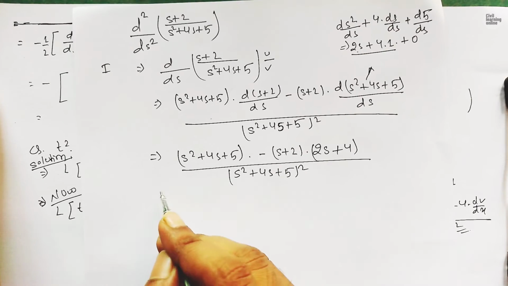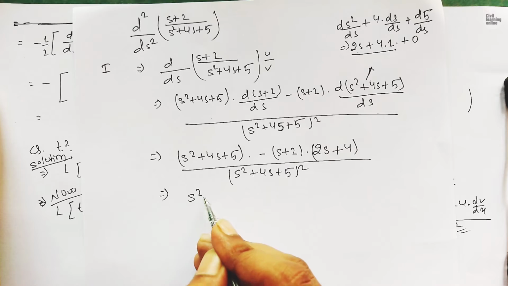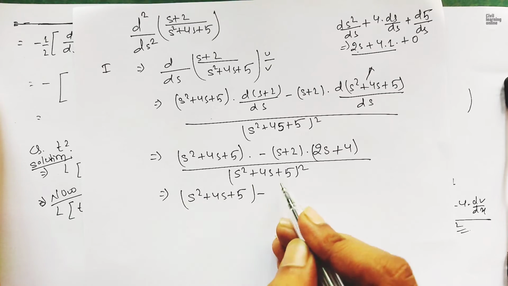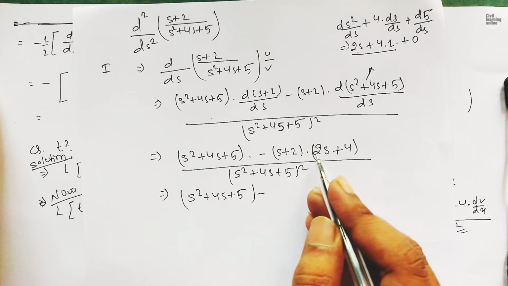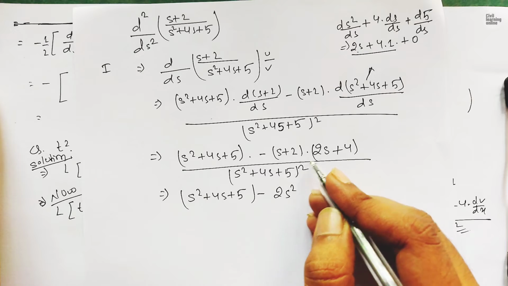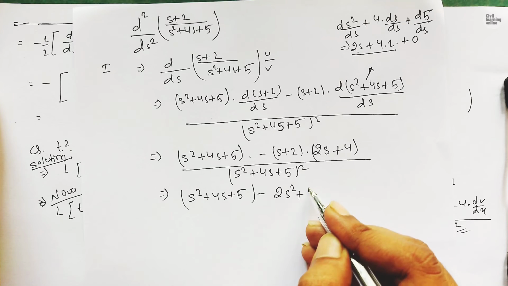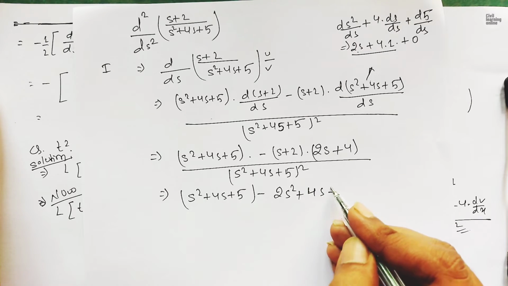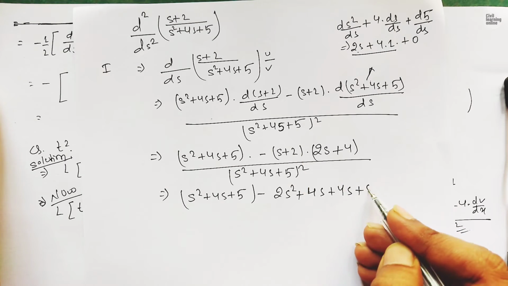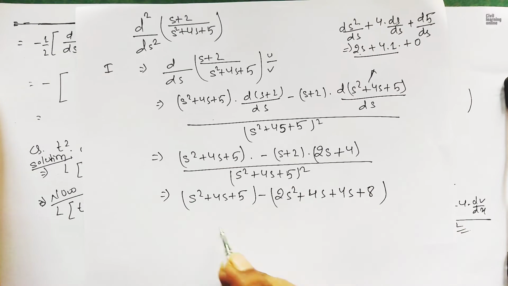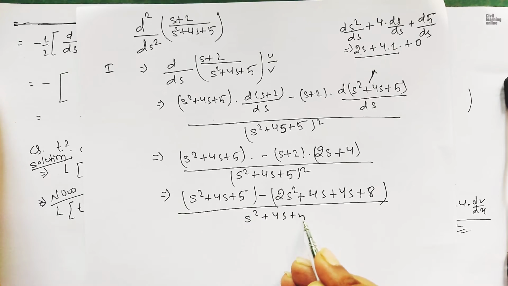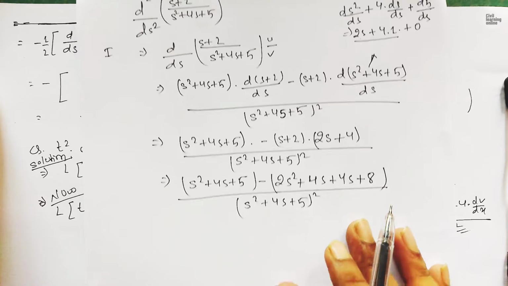Now do the multiplication here, so we will have s square plus 4s plus 5 minus (2s square plus 4s plus 4s plus 8), upon (s square plus 4s plus 5) whole square.